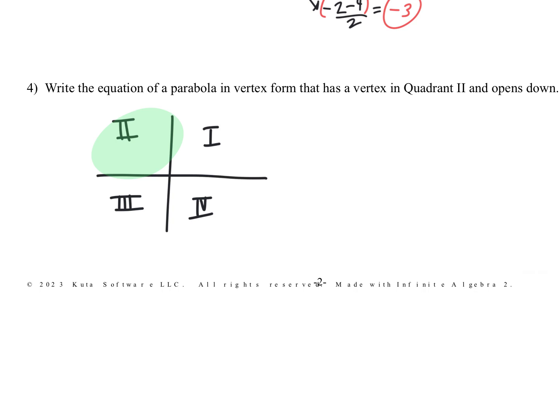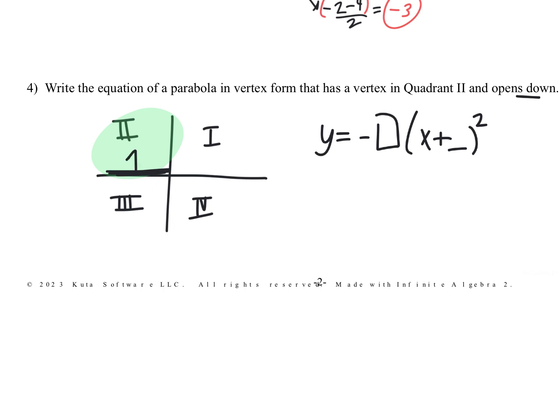Okay. So for a parabola to open downward, we know it's going to be y equals with some negative a value. It could be any number you want. I'll get specific numbers in a second, but just some negative number, and then it's going to be x. To get the x over here, it's going to need to be plus some number, squared. That's how it shifts left.